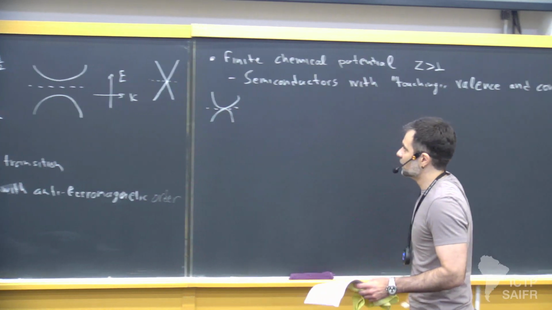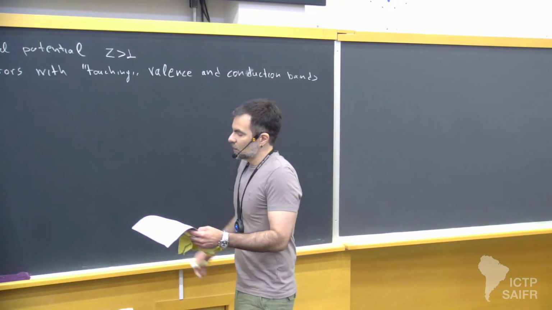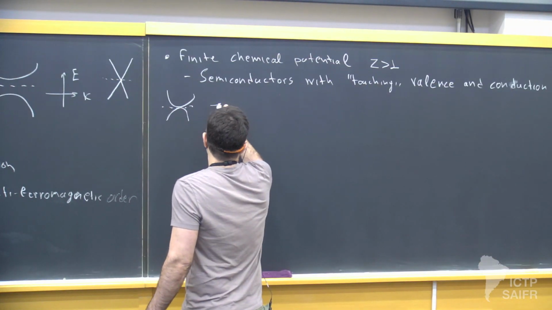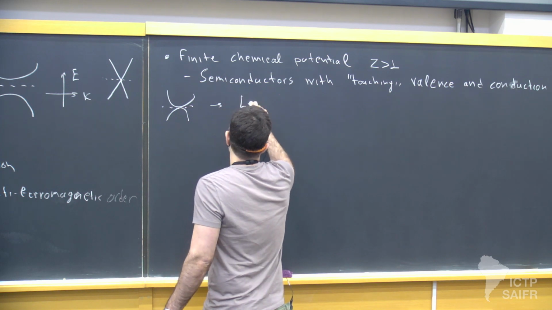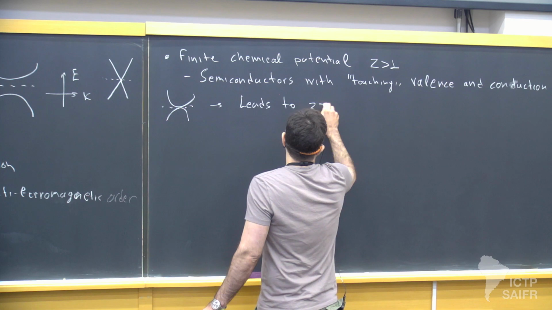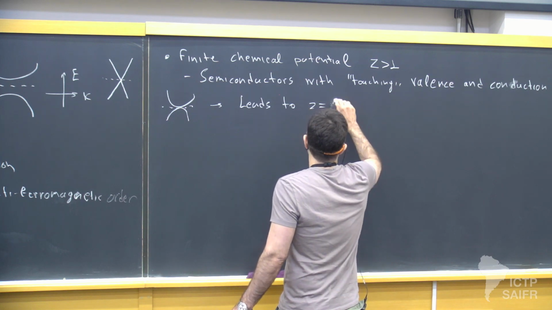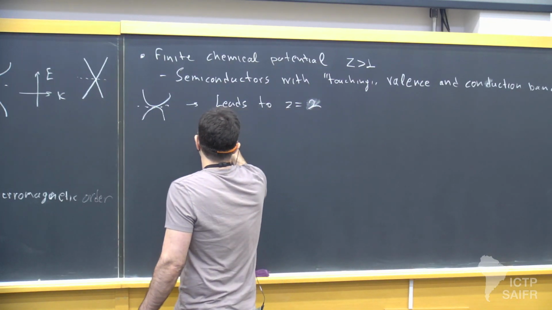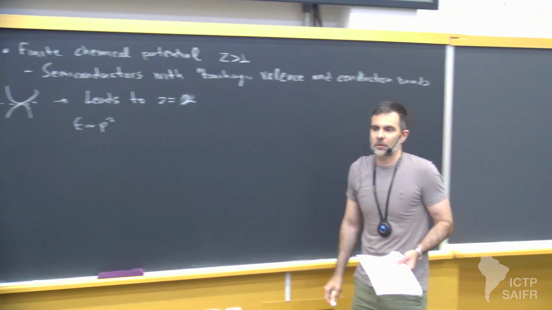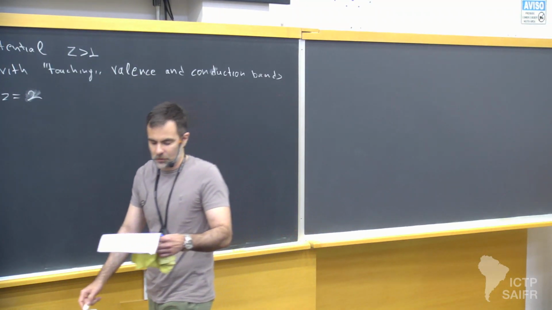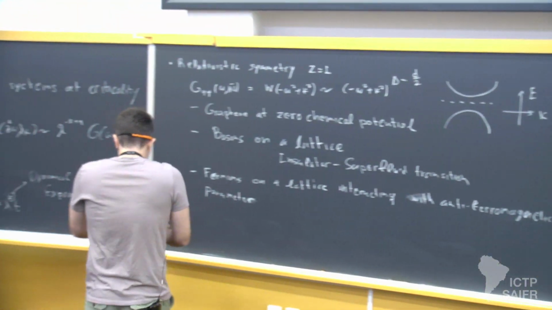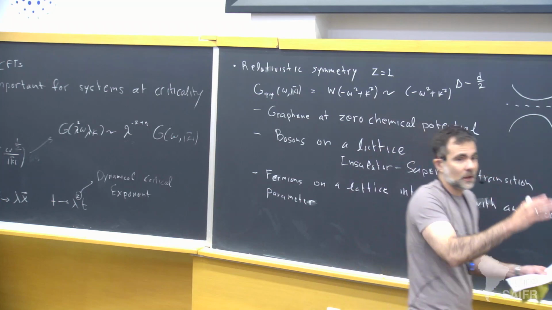Chemical potential is exactly between the valence and the conduction bands. And this leads to z equals 2. Basically, you can think of it as energy goes like p squared. These are really non-relativistic fermions, so that will end up having z equals 2. Okay, this is all at zero temperature.